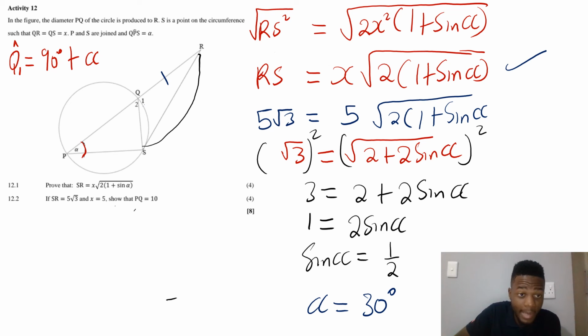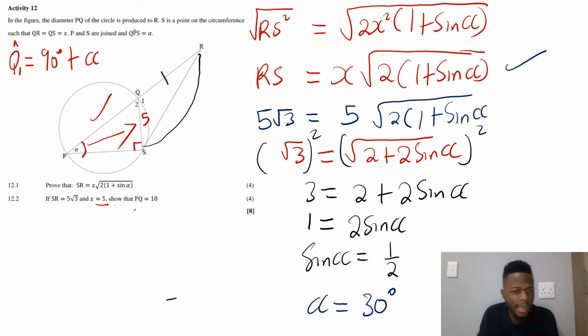QS is the same as x, which is given, it's 5. So we have 5 here, and alpha is 30 degrees. If you check this QS, it's the opposite side, né? Don't forget this is a right angle triangle. This is the opposite side, and this one is the hypotenuse.